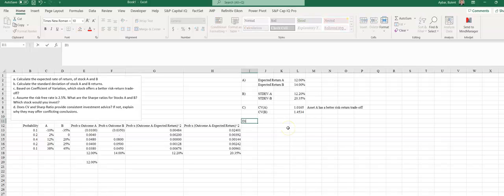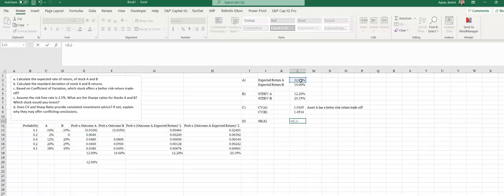Now let's do the Sharpe ratio. For the Sharpe ratio, in addition to the expected return and standard deviations, we also need the risk-free rate of return. So the Sharpe ratio of asset A can be calculated as the ratio of expected return of asset A minus the risk-free rate of return, which is 2.5%.